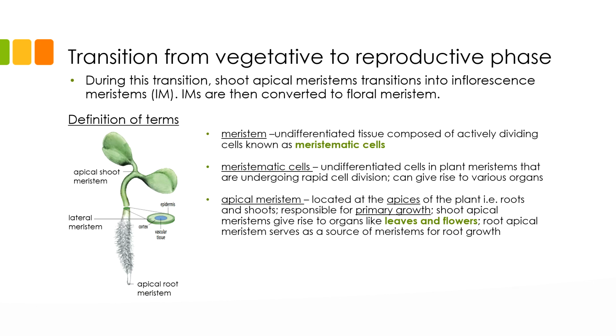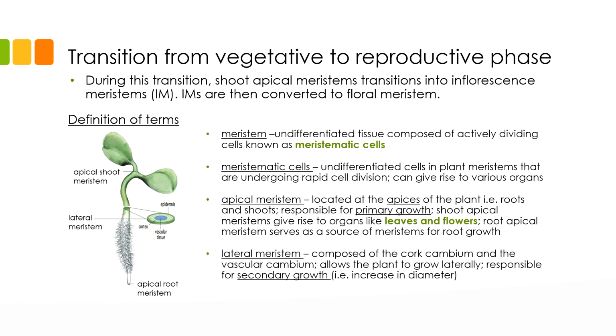Aside from the apical meristem, plants also have lateral meristems. The lateral meristems are composed of the cork cambium and the vascular cambium and allow the plant to grow laterally. That is why they are called lateral meristems. An example of lateral growth is the increase in diameter.